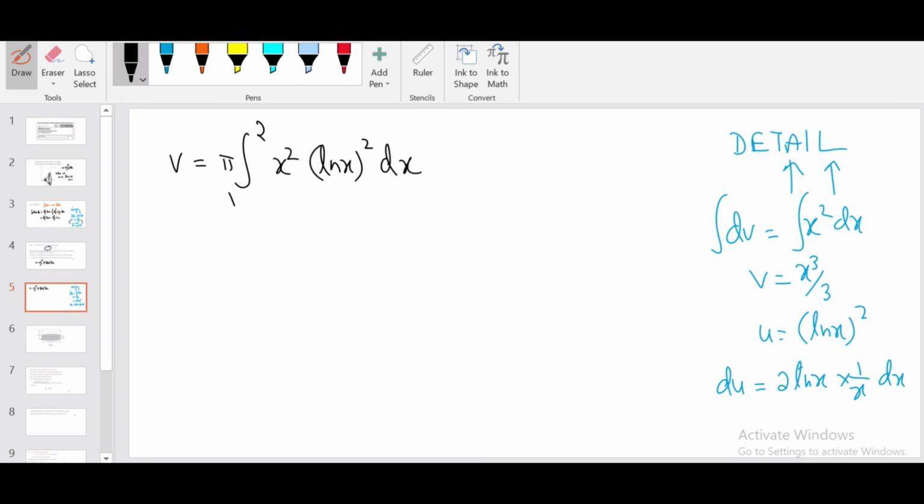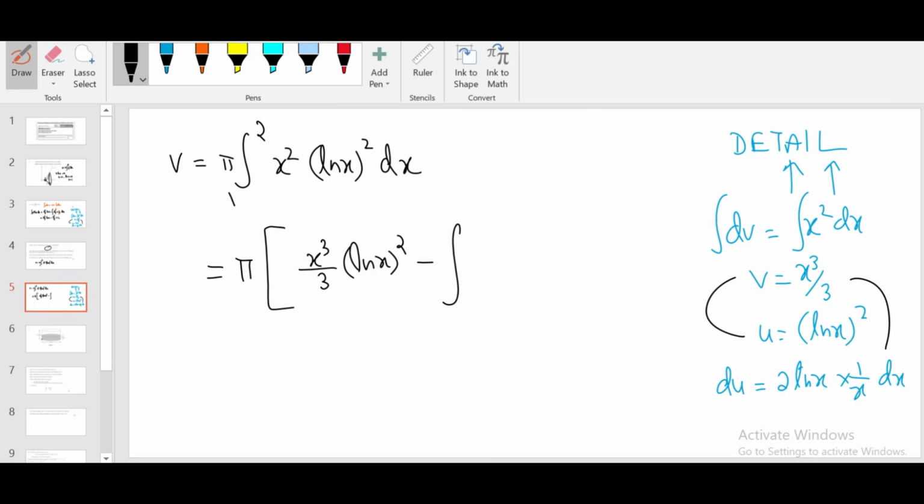Now apply integration by parts. You can keep pi as a common factor here. uv, which is x cubed over 3 ln x whole squared, minus the integral of v du, x cubed over 3 times 2 ln x times 1 over x dx.